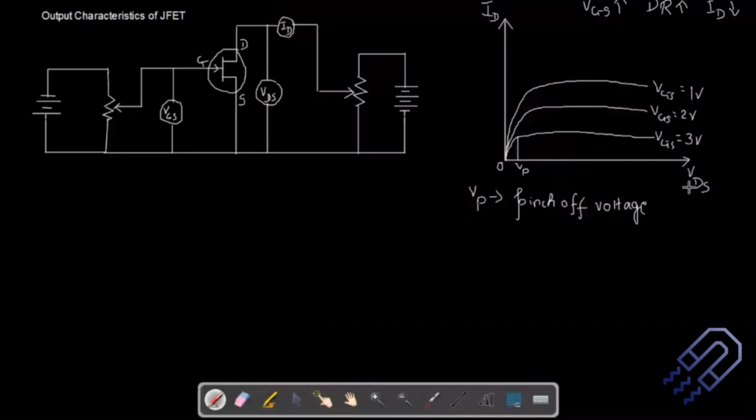I'm not going to continue with the different terms today. Some important topics on output characteristics we are going to discuss tomorrow, and we are also going to look into the transfer characteristics. So this is where we stop.